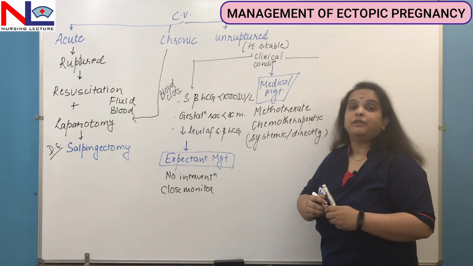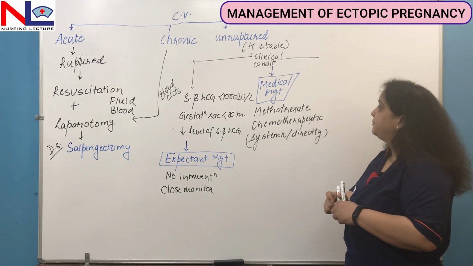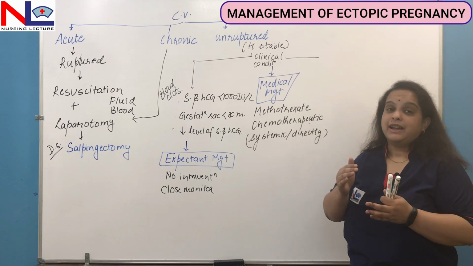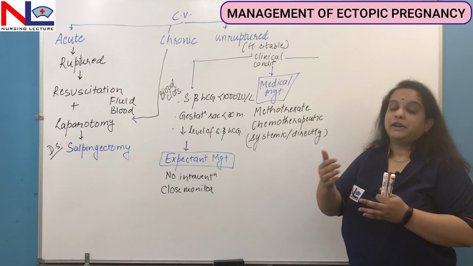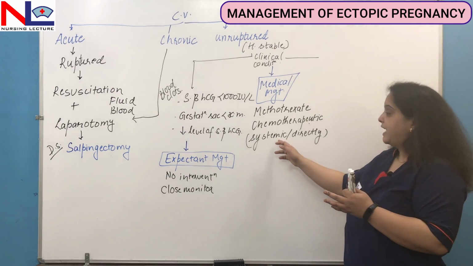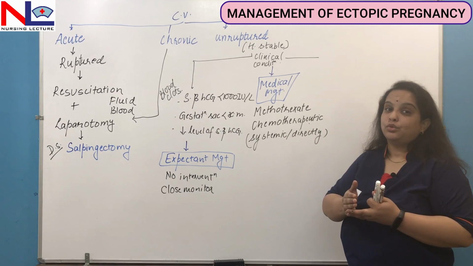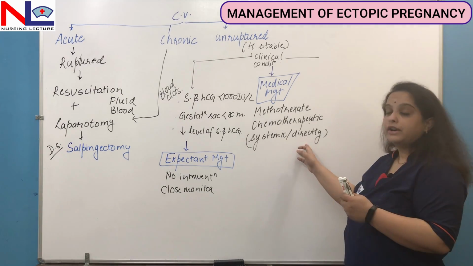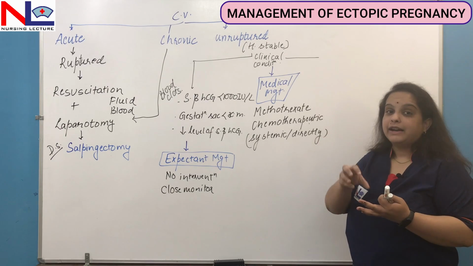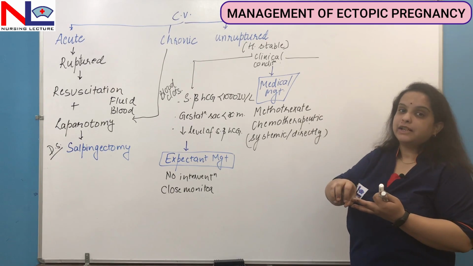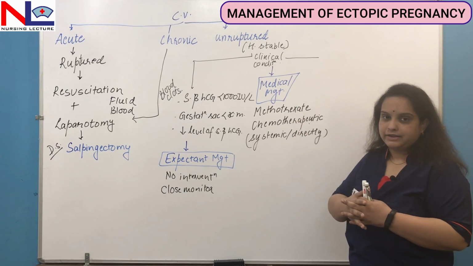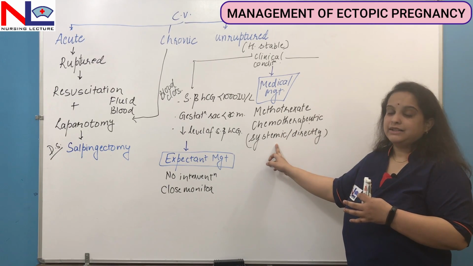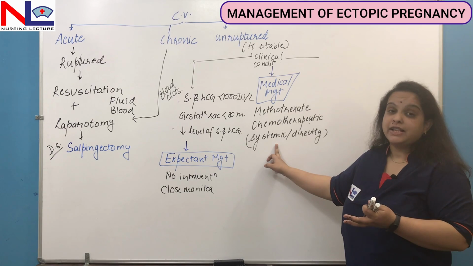Methotrexate is most commonly used in medical management. It is a chemotherapeutic drug, as it is usually given in the treatment of cancer patients, and it can be administered through the systemic route, meaning intramuscular, or directly, meaning directly into the gestational sac itself. But the most convenient method is systemic, because it is less costly and less invasive.